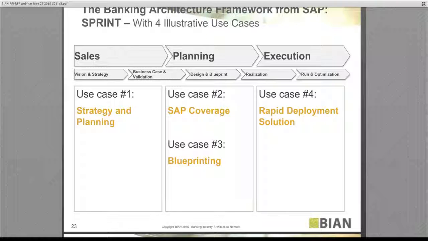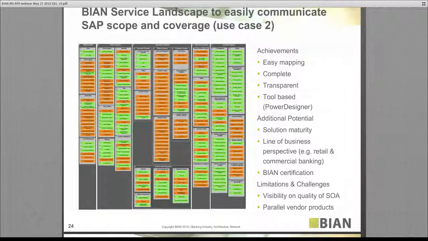And the cornerstone for BIAN is now to support use case number 2. In SAP terms, when we look at the next slide, that means that BIAN allows us to easily communicate what is our scope, what is our coverage.